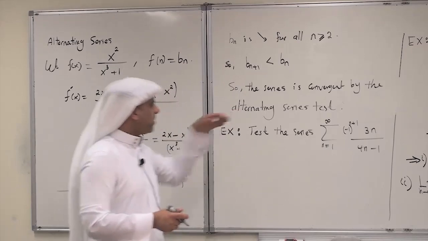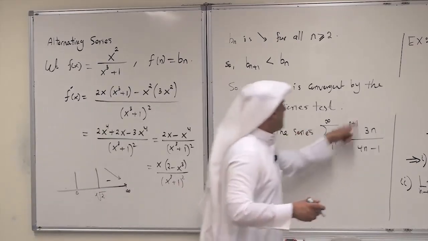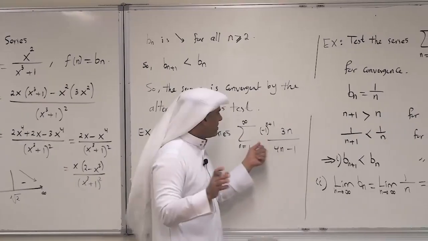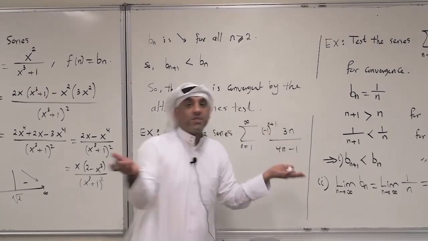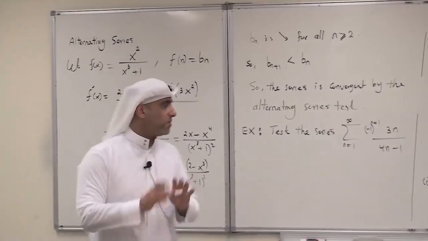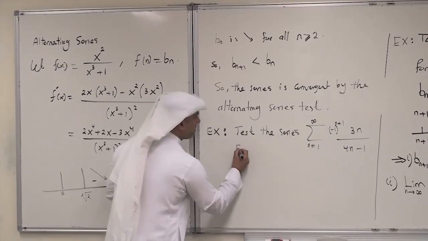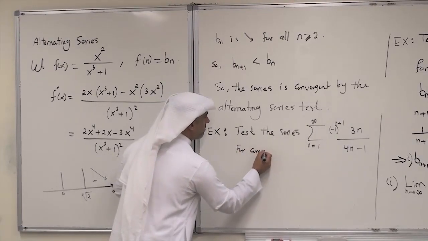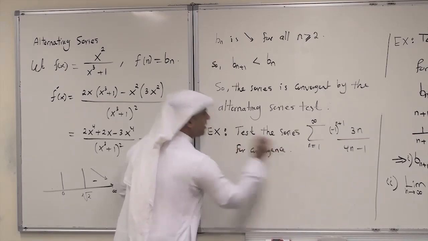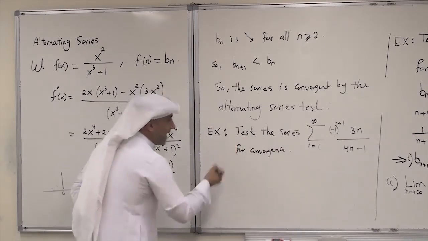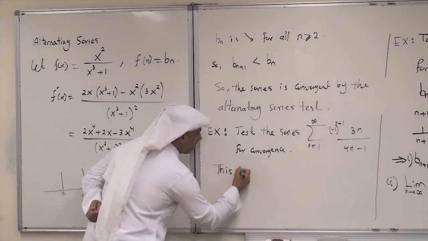Minus 1 to the n plus 1, minus 1 to the n, minus 1 to the n minus 1, it doesn't affect anything in the alternating series. Minus 1 to the n plus 1 you can rewrite as minus 1 to the power n minus 1, the same. So this is not affecting the type of series we have. Test the series for convergence. So again, we can observe that this is an alternating series.